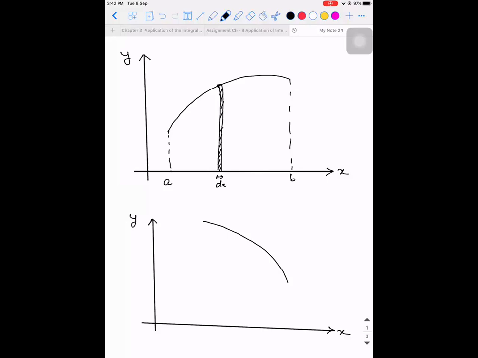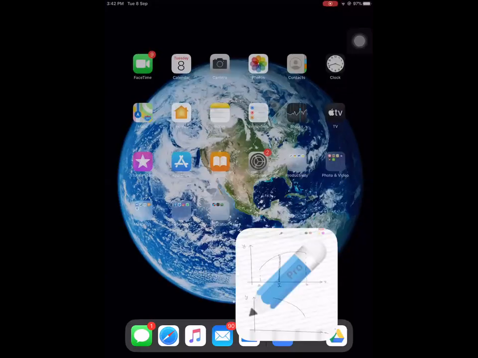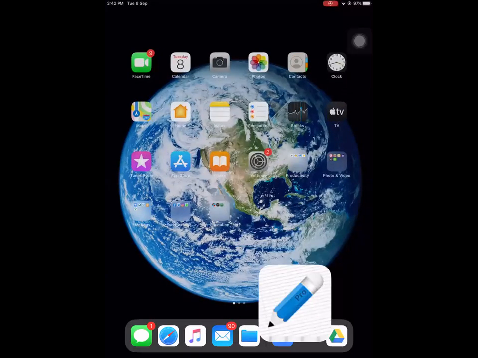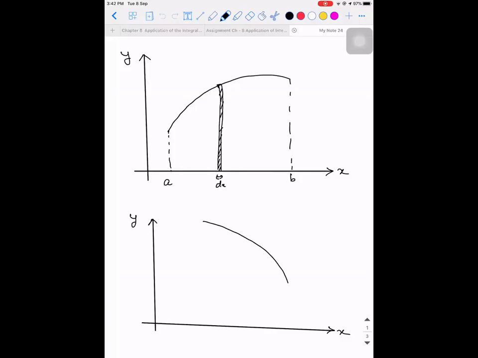This also we know. Infinite. Yes, you can find infinite such rectangles between the points A and B. If I ask what is the area of this shaded small rectangle, it is f of x into dx.